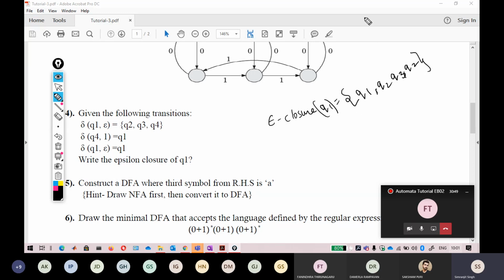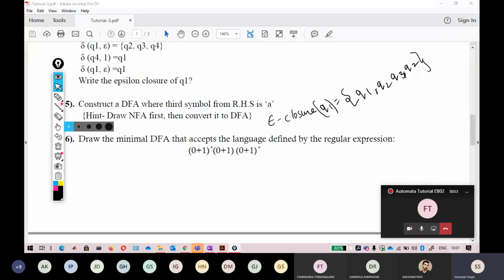Now, this question we have done in the class: construct a DFA where the third symbol from the right-hand side is A. If you directly draw the DFA, it will be difficult. But if you first draw the NFA and then convert it to a DFA, it will be very easy.